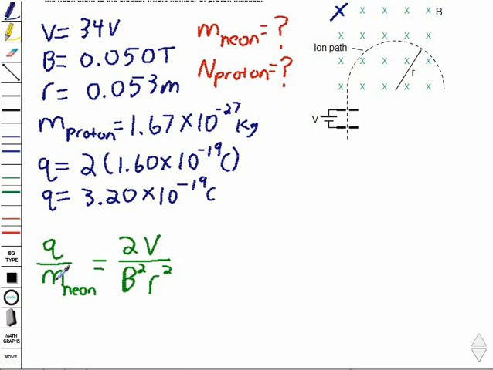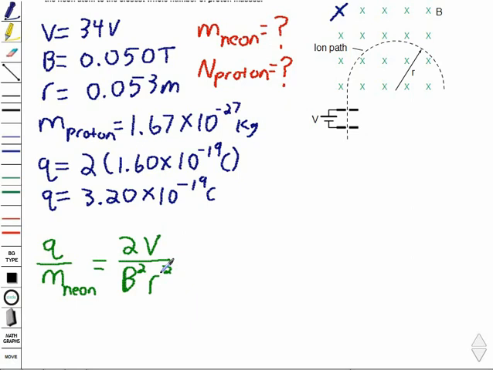I want to get mass by itself. Most of the time, students just leave the 1 over M part off and say M is equal to 2V divided by B squared R squared, divided by Q, which will give you the wrong answer.